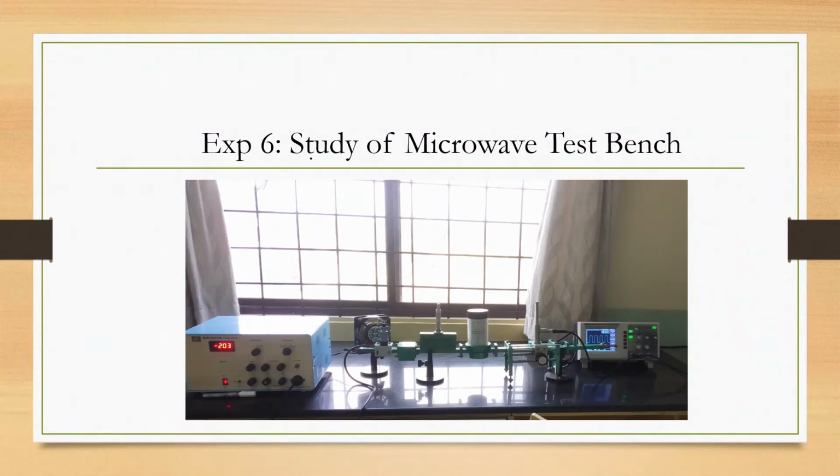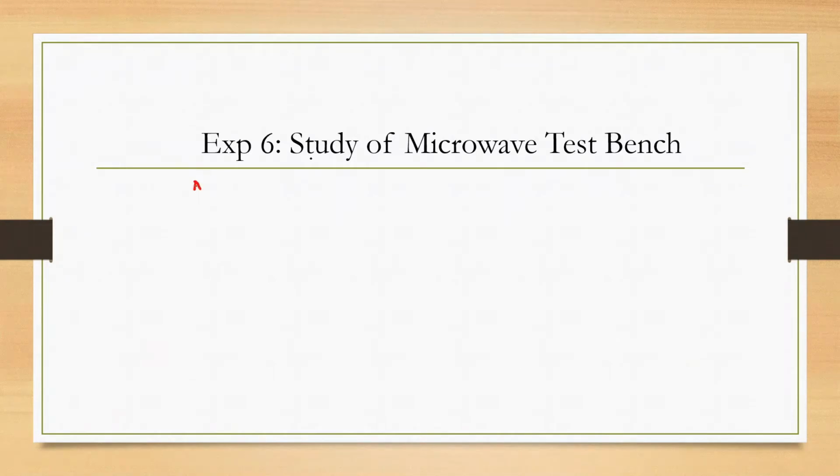This experiment has two parts, part A and part B. The aim of part A is to determine the frequency and measure attenuation, whereas in the second part you will be determining lambda g, that is guide wavelength, and voltage standing wave ratio, VSWR. So this is the aim of 6A and 6B.